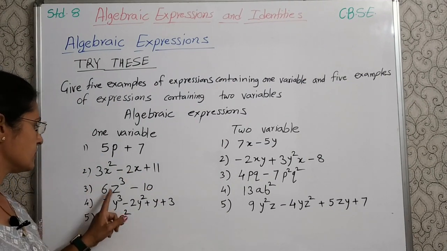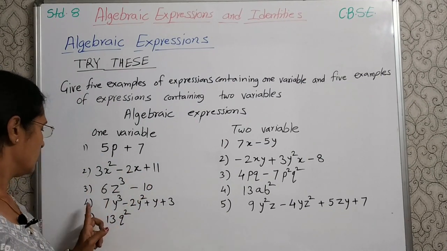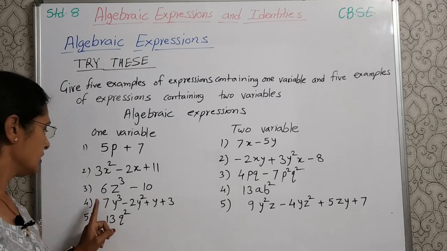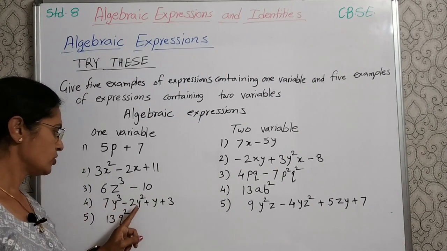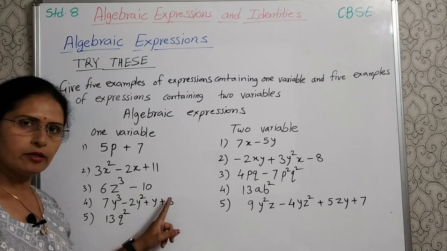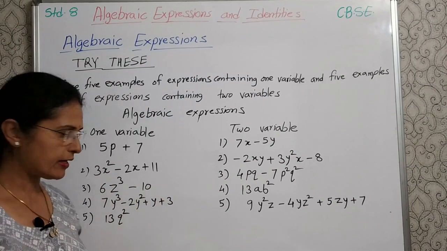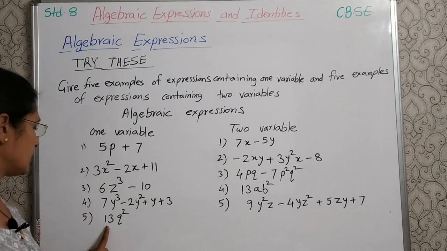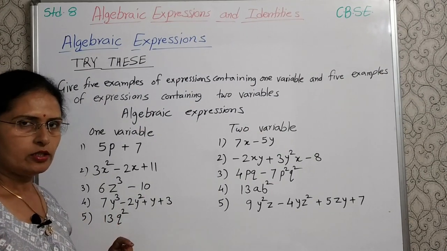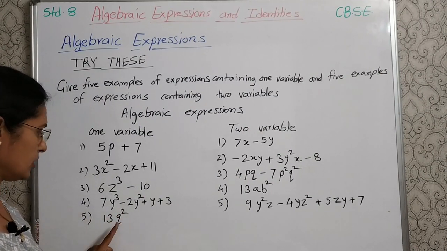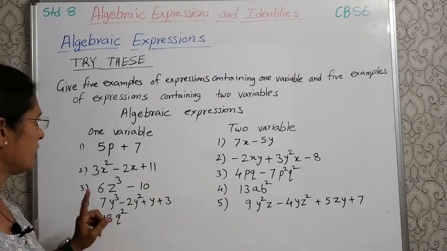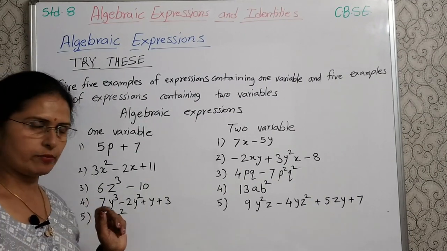Next is 6z cube minus 10. Fourth expression is 7y cube minus 2y square plus y plus 3. So here also there is only one variable and that is y. Fifth, 13q square. So here the variable is q. So this is also an algebraic expression with one variable.